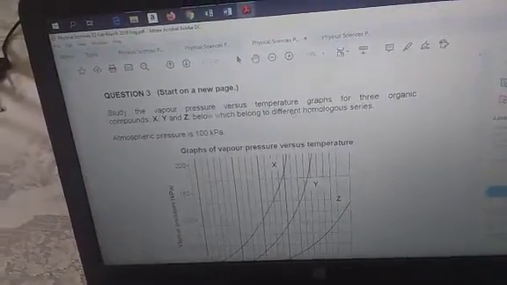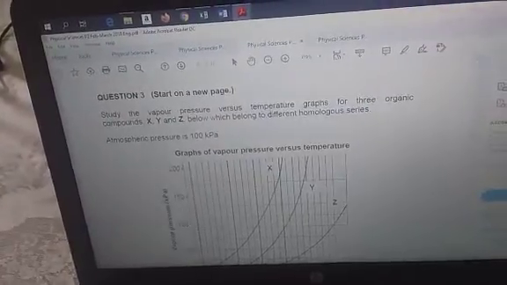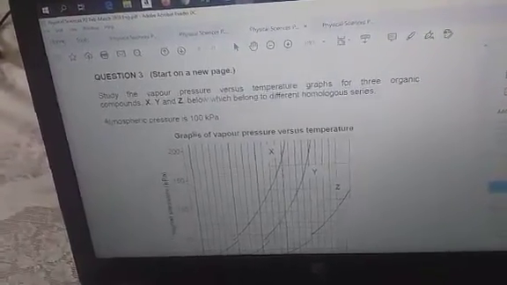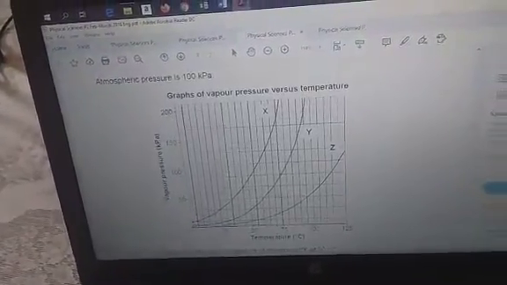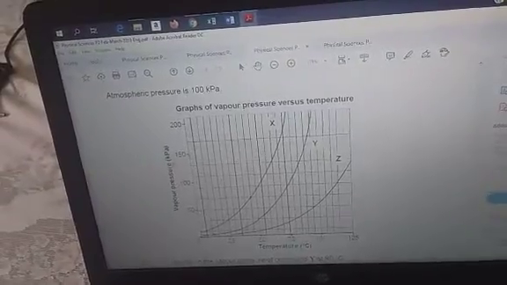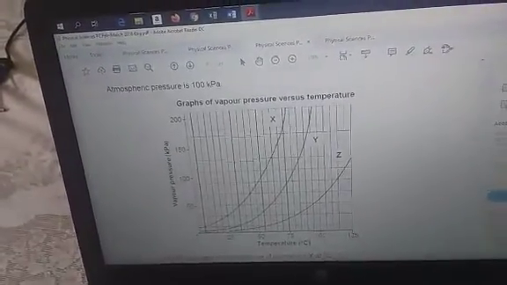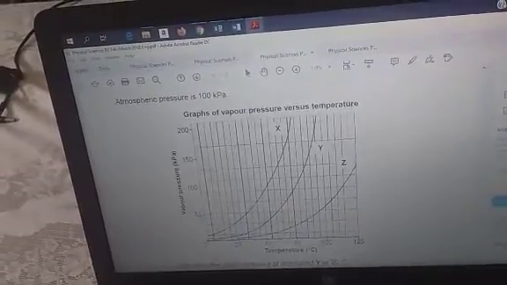They belong to different homologous series, meaning they have special qualities, of course. It's vapor pressure on this side, and temperature on this side.